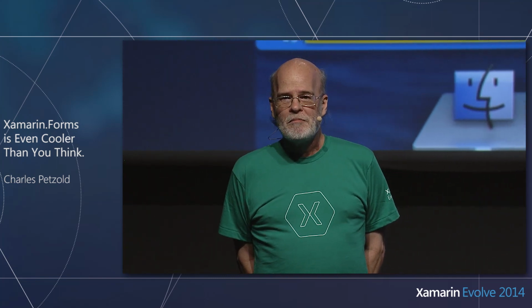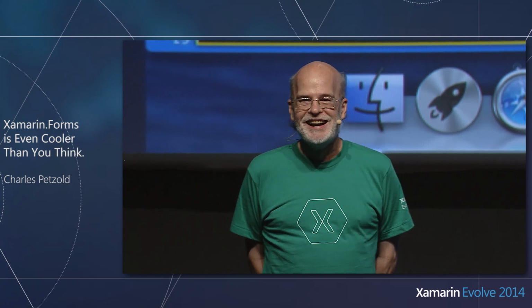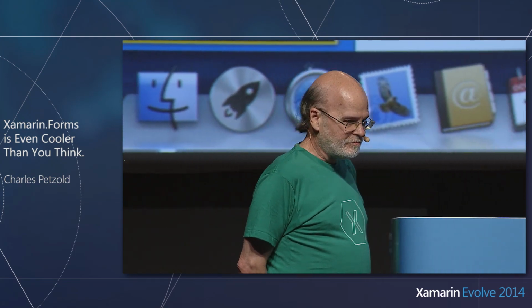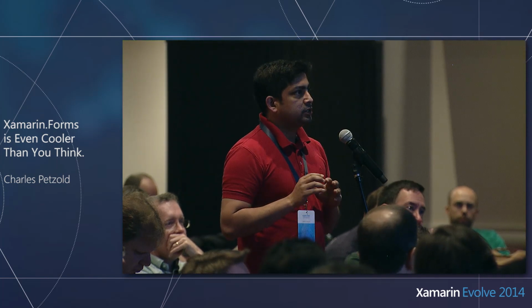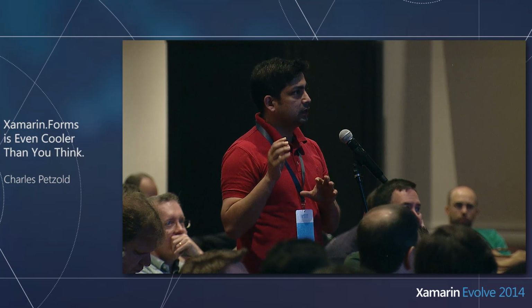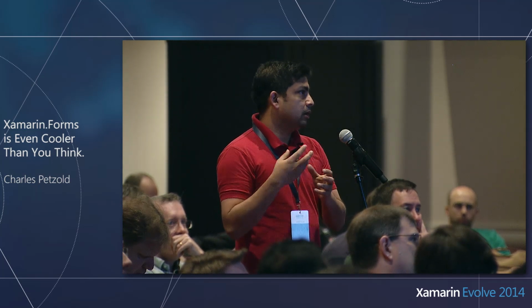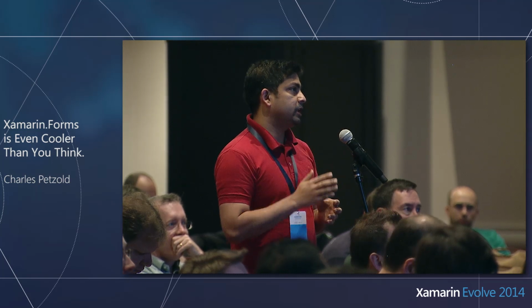Is there another question? Yes. With custom renderers and animation, is there a way to link through custom renderers and custom animation, and what a custom renderer would actually do at various blend points in the animation?